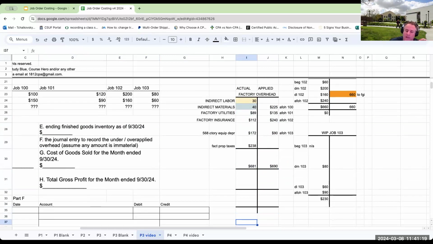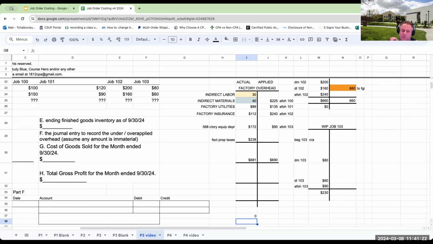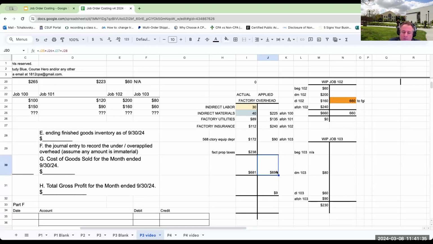Remember, my balance here has to go to zero. Now, when we're looking at this, I subtract the smaller from the larger balance. And what does this tell me? Because the applied overhead of 690 was greater than the actual amount of overhead, it means I applied too much, or I over applied factory overhead.